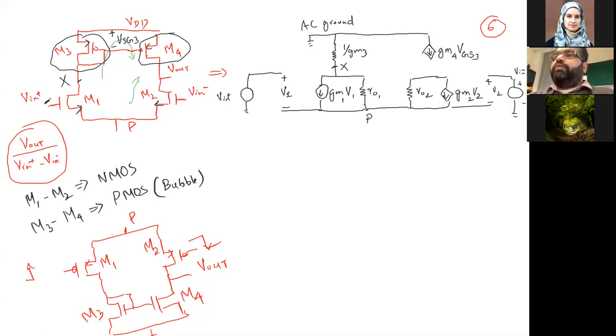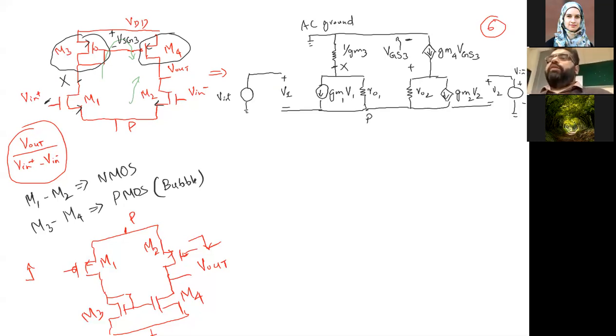GS3. Now, if you can see, I wrote this as VGS3 instead of VSG3. Why? Because I'm reversing the terminals to show this phenomenon. So I'm going to connect this thing and I can write this thing. This is my negative, this is my positive, and I'm writing VGS3. Okay? The source is now virtual ground, or the source is AC ground.